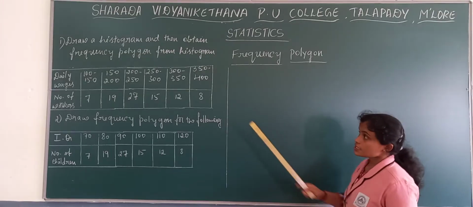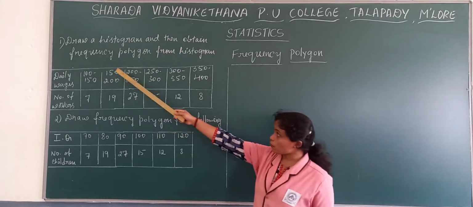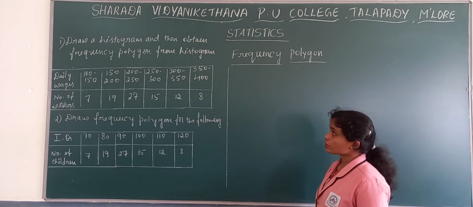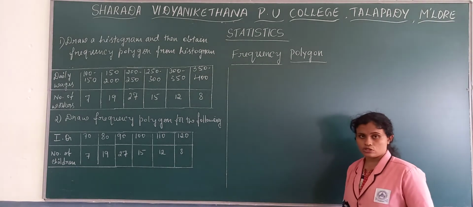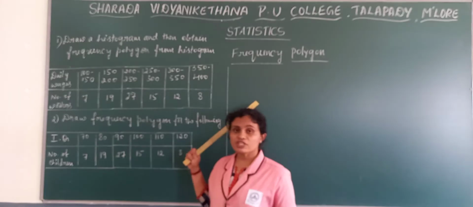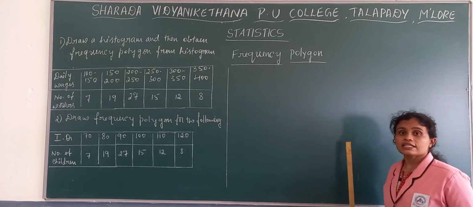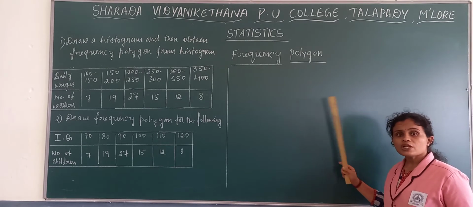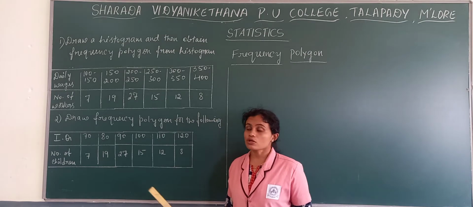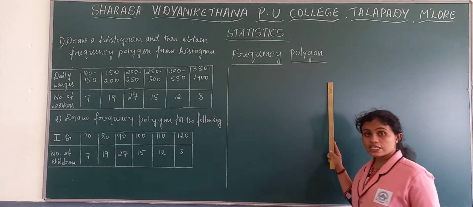Now here we see the first problem. Draw a histogram and then obtain a frequency polygon from the histogram. How to draw a frequency polygon then? Firstly we need to draw the histogram, then we need to join the midpoints of the histogram. By joining the midpoints of the histogram, we draw the frequency polygon.